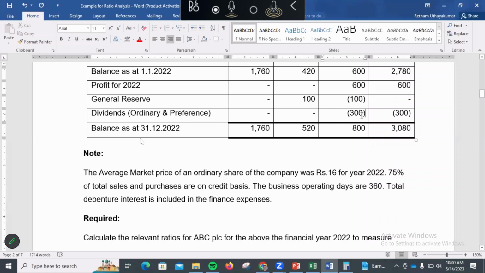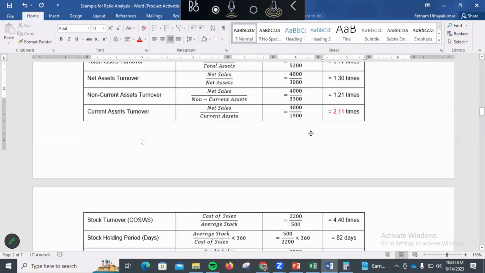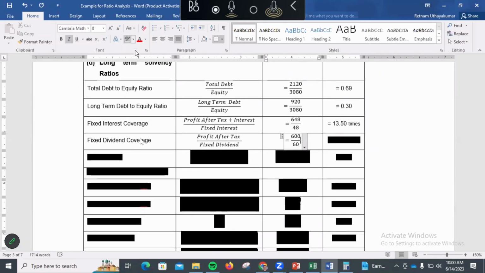So the preference dividend is included here: 60. So 600 over 60, it's simply 10 times. Fixed dividend coverage is 10 times.